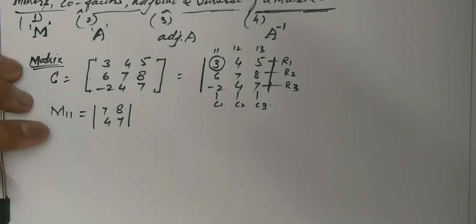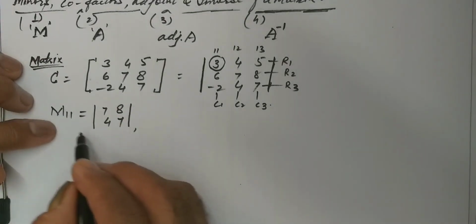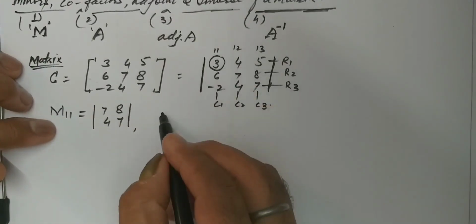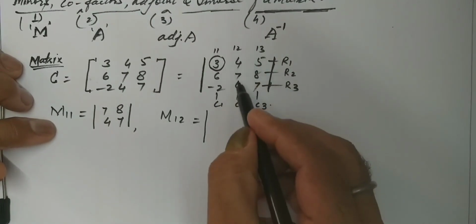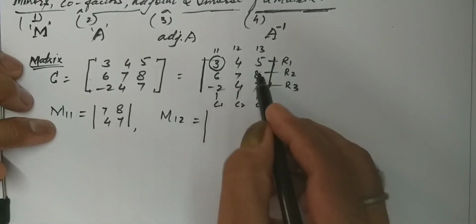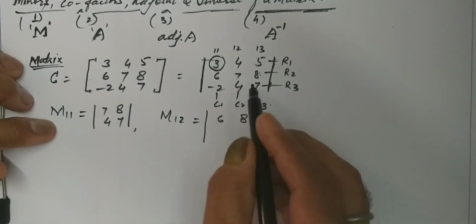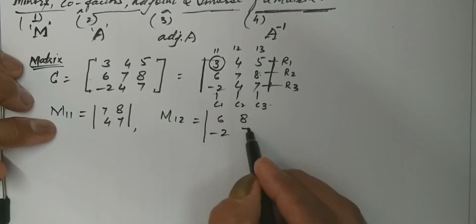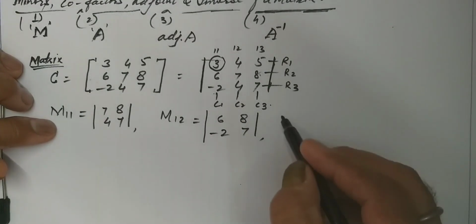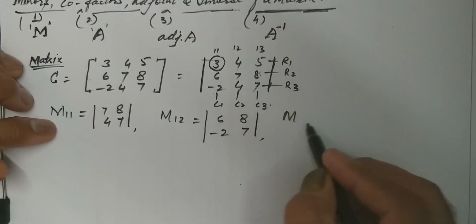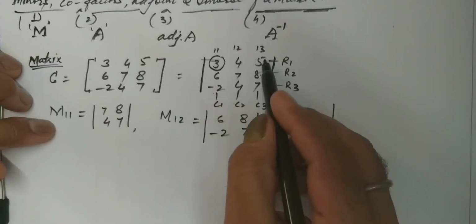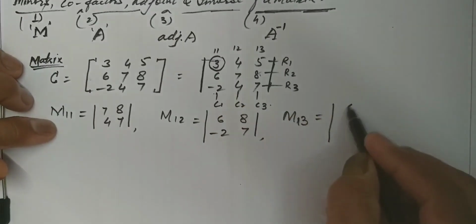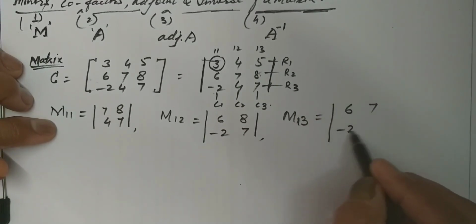This is the minor. Similarly for M12, leaving these two, 6 8 and then minus 2 and 7. And for the last element, that is 5, M13 is equal to deleting these two, then 6 7 and minus 2 4.